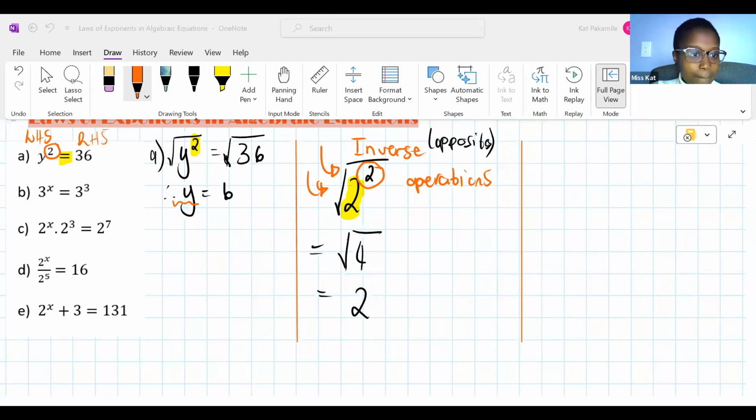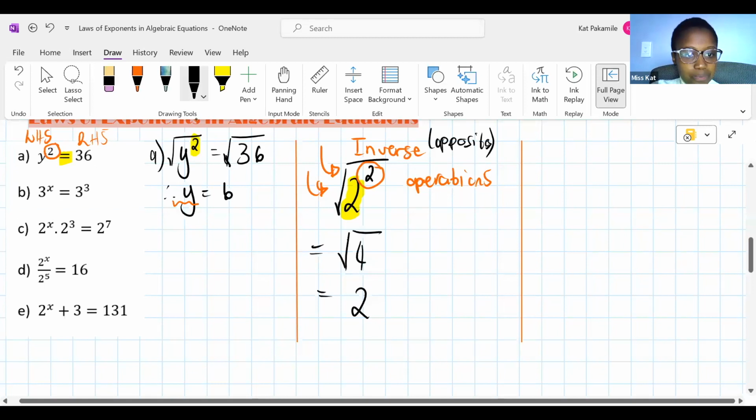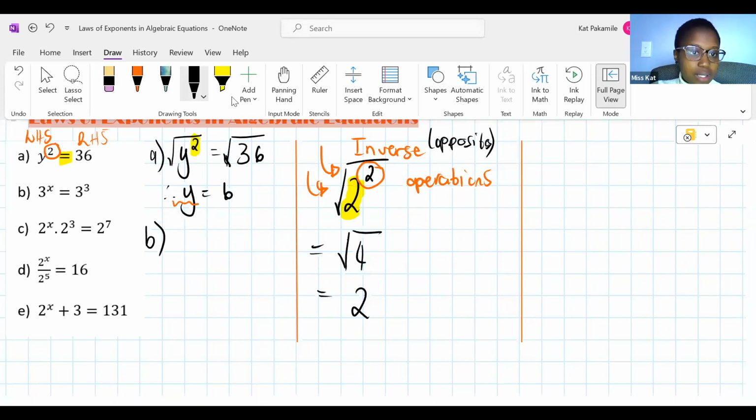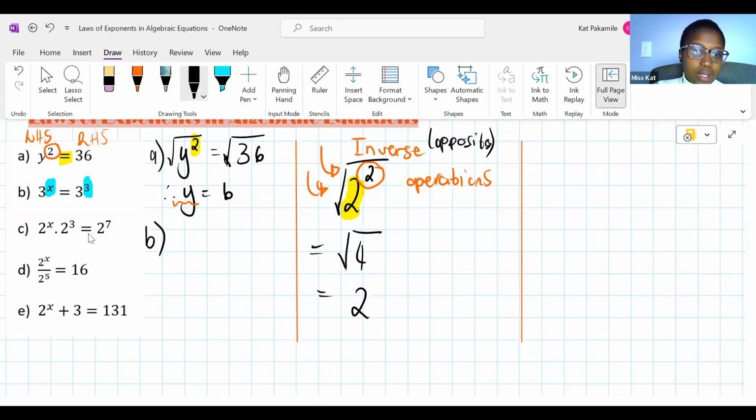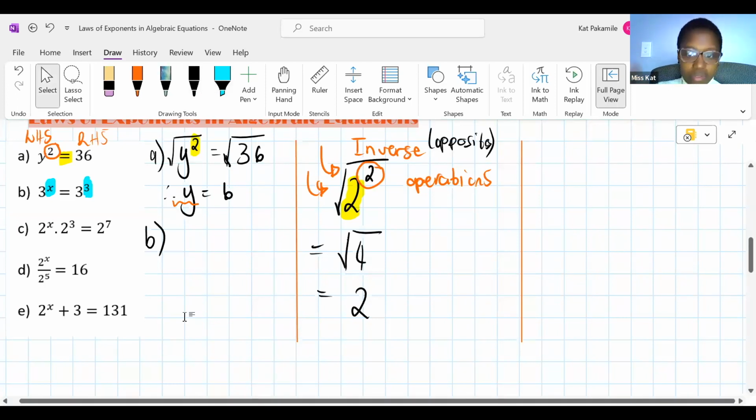Let's do number B. Number B says 3 to the power of x is equal to 3 to the power of 3. What is x? So 3 to the power of something is equal to 3 to the power of 3.